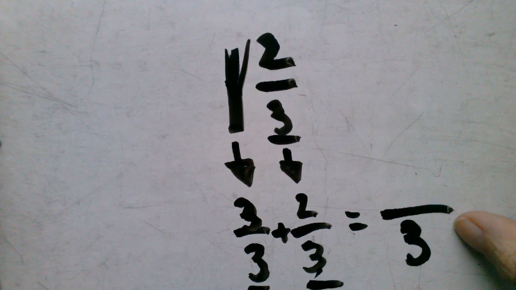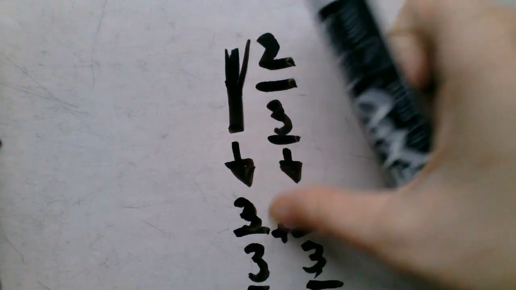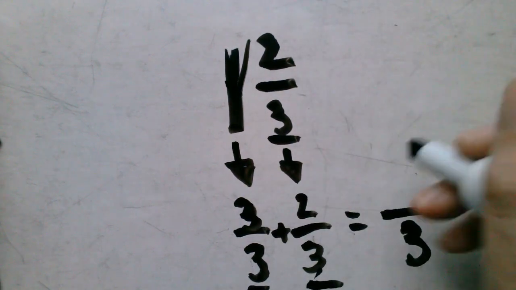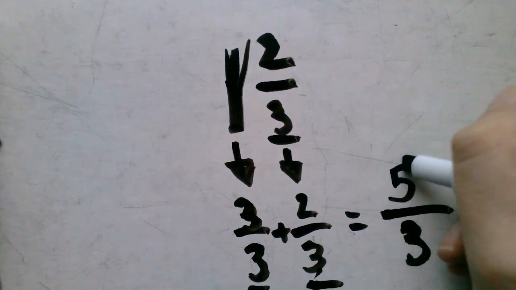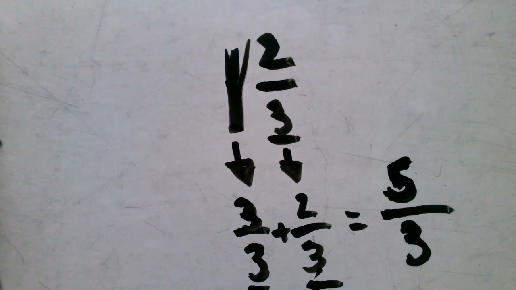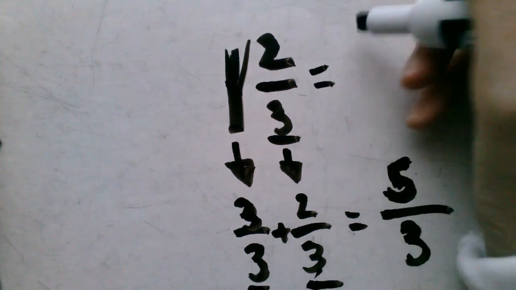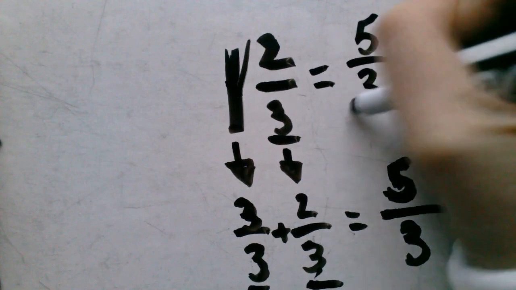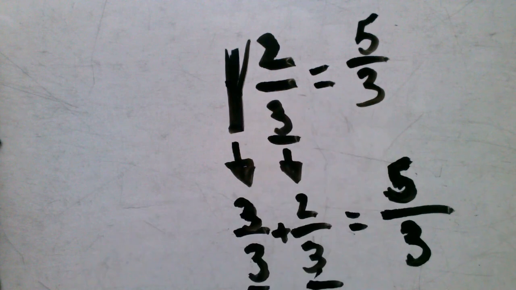Write that on your whiteboards. And we have to add our numerators together. Write the numerator you think it is and hold up your whiteboards to see if it matches mine. Now we know that 1 2/3 as a fraction equals 5/3.